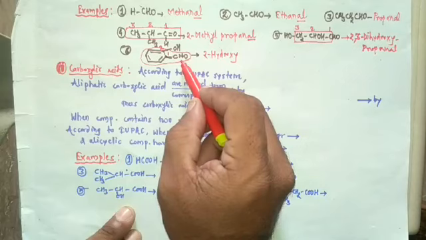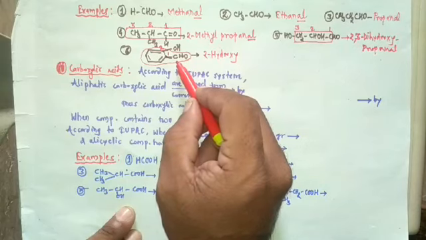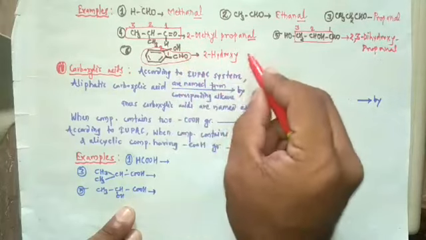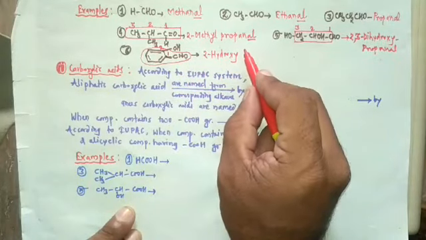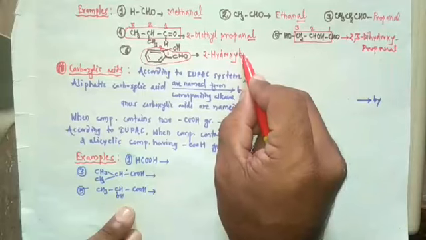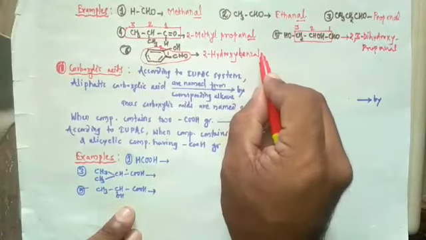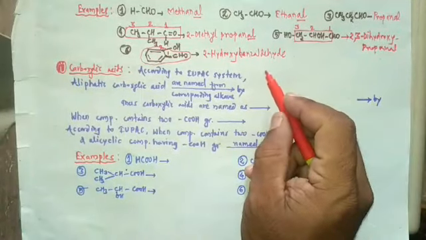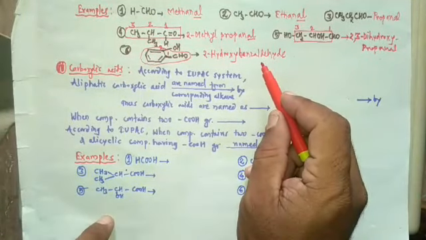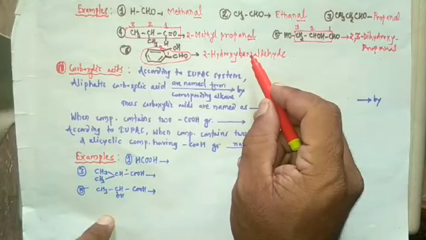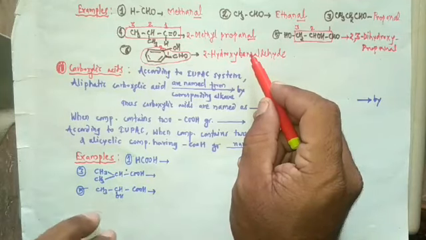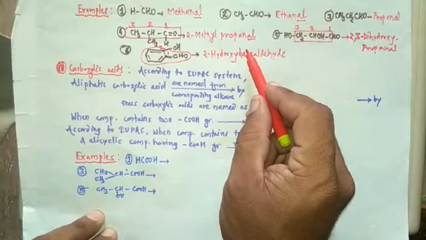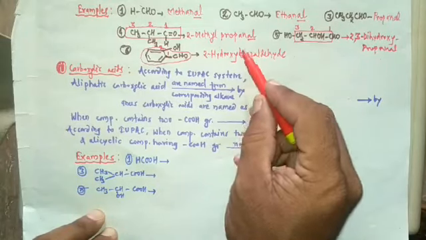The common name is benzaldehyde, and its IUPAC name is also benzaldehyde. That's why the name of this compound is 2-hydroxybenzaldehyde. So by studying the IUPAC rules in detail, we can solve various examples and derive the names of various aldehydes.